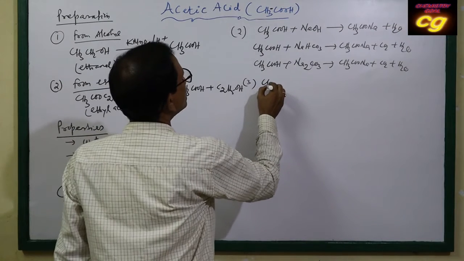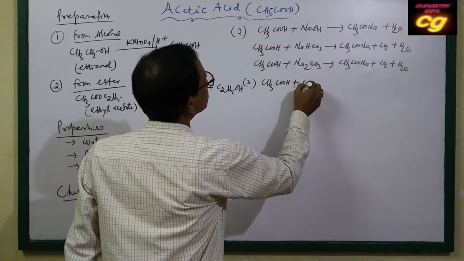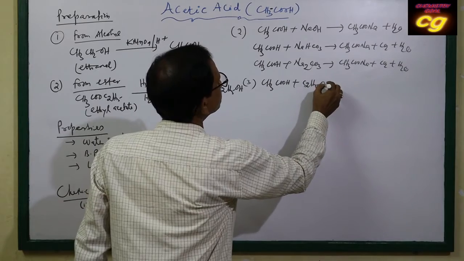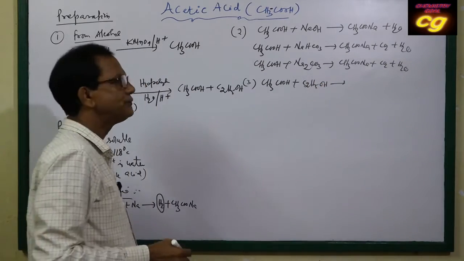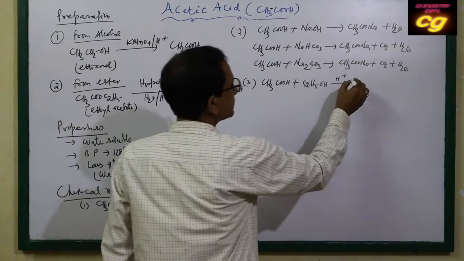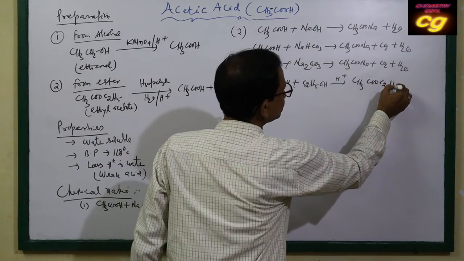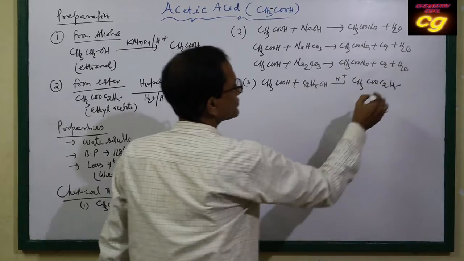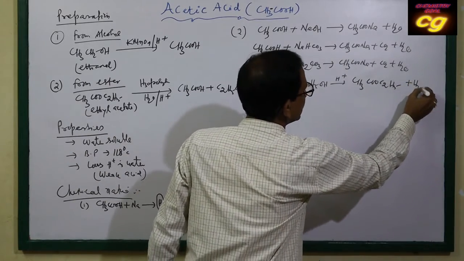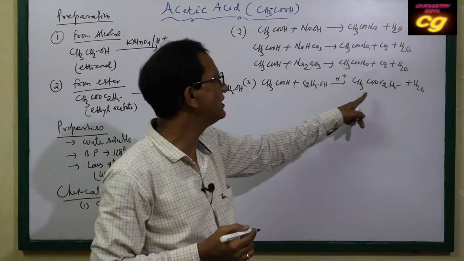Acetic acid reacts with alcohol in presence of sulfuric acid, that is H+, forming ester. We have already discussed this in the alcohol chapter. Ester plus water is formed. So acetic acid reacts with alcohol, that is ethanol, forming ester.